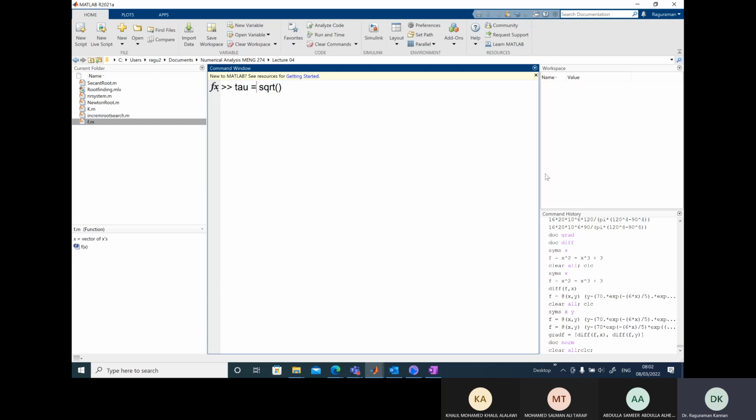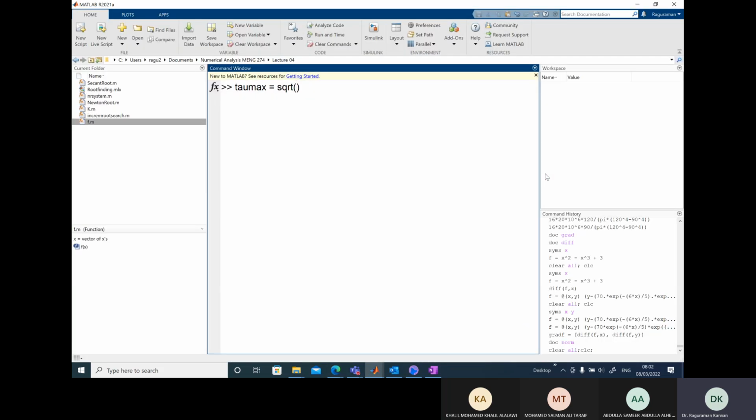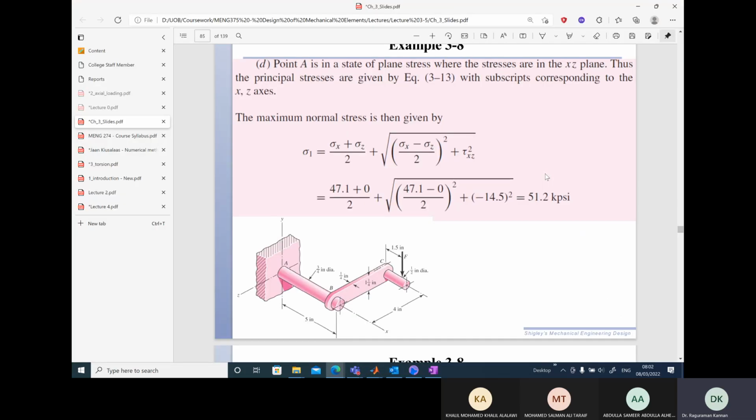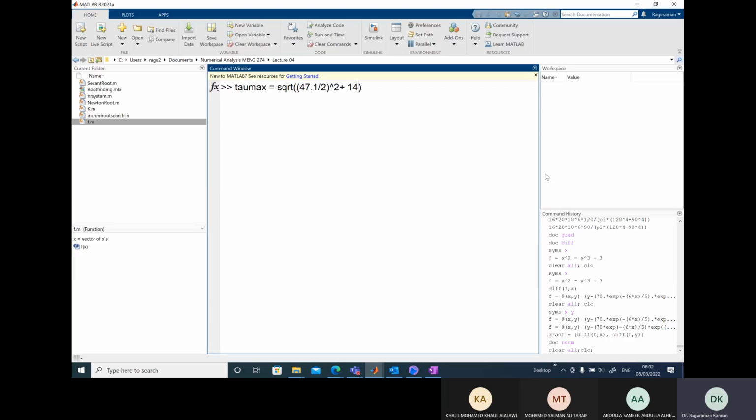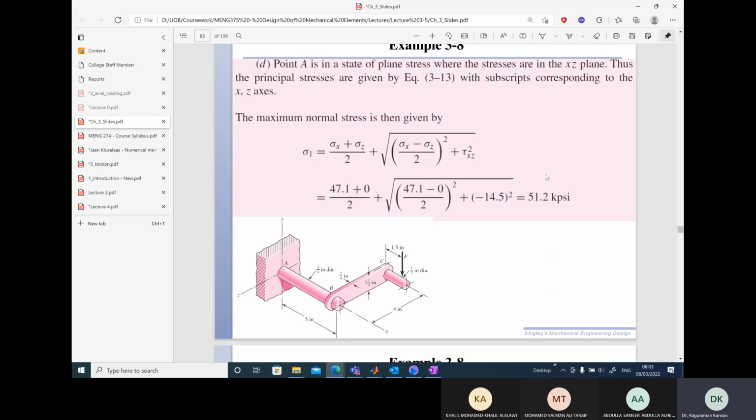So this will be the maximum shear stress we are calculating. So 47.1 over 2, the whole square, plus 14.5 square. This is the value we get, 27.65.